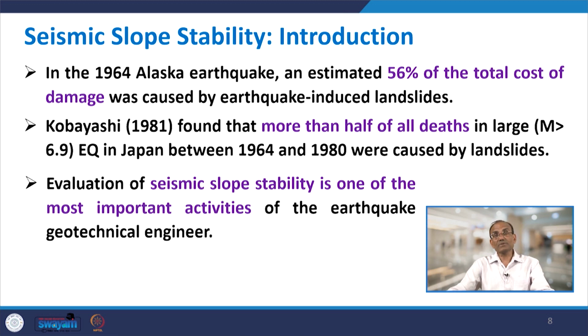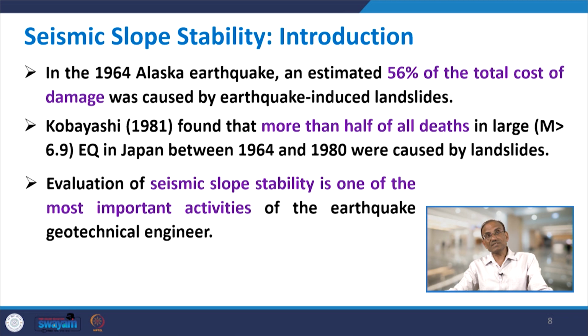When we talk about landslides or liquefaction, the 1964 Alaska earthquake and the 1964 Niigata earthquake are both known in the geotechnical earthquake engineering community for widespread liquefaction as well as landslides.